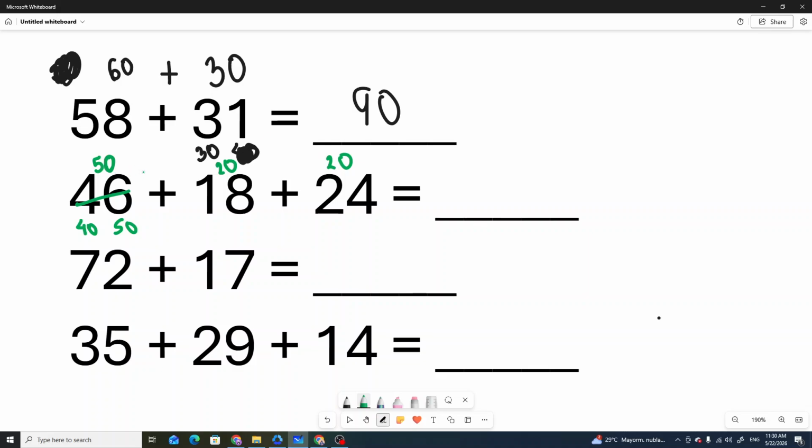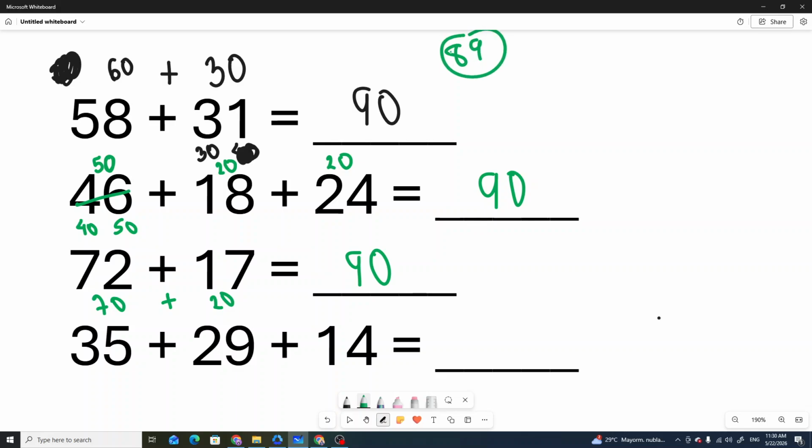So 50 plus 20, that gives me 70, okay? So now 72 rounding down, it's 70, and 17 rounding up gives me 20, and it's also 90. That's the estimation, okay? Because we already know for the first one, the actual answer is 89.